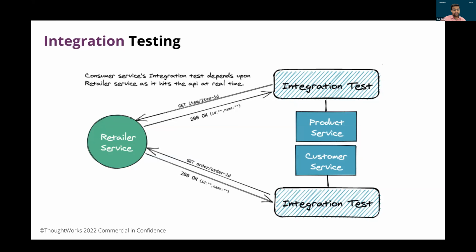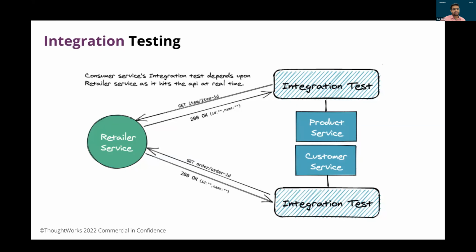But this is the ideal situation. In a real situation, what goes wrong can be multiple things. The first thing is, for example, the retailer service is down. Then your integration test, which is calling the item/item ID, will start failing.